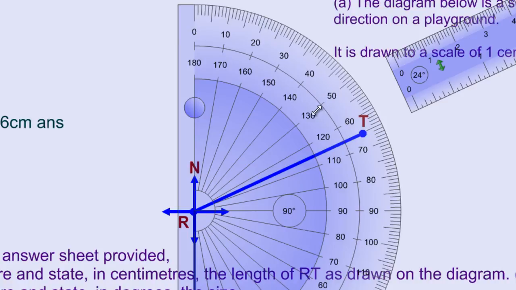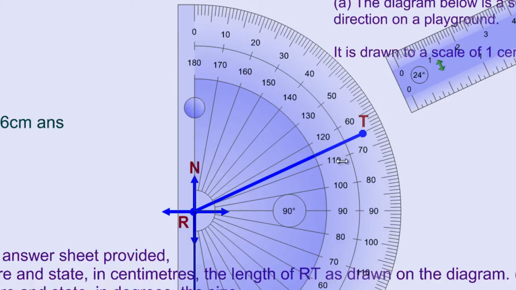If the 0 on the inside was on the reference line, then I would have to use the inside reading. Those are some important notes. So we are going to use the outside reading since that 0 is sitting on the north line. So 0, 10, 20, 30, 40, 50, 60, and if you notice, it's exactly 65 degrees.